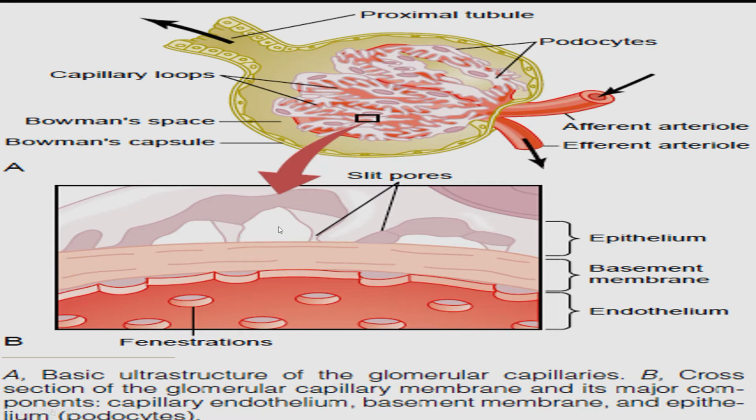Podocytes have leg-like processes called pedicels. Blood passes through the fenestrae and between the podocytes, and primary urine forms in the Bowman capsule.